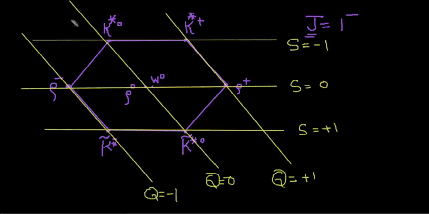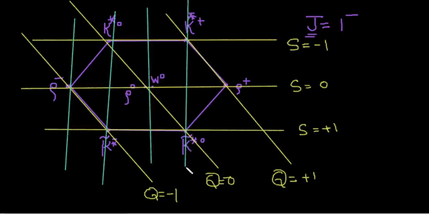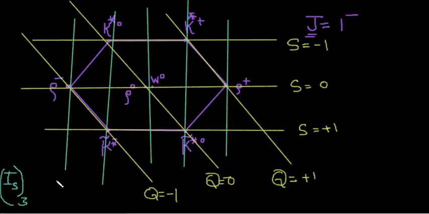Then for the isospin you have vertical lines. I will represent them by another color. So this is the vertical line, this vertical line, this vertical line, and this vertical line. All of these show the isospin, or you may call it the third component of isospin.